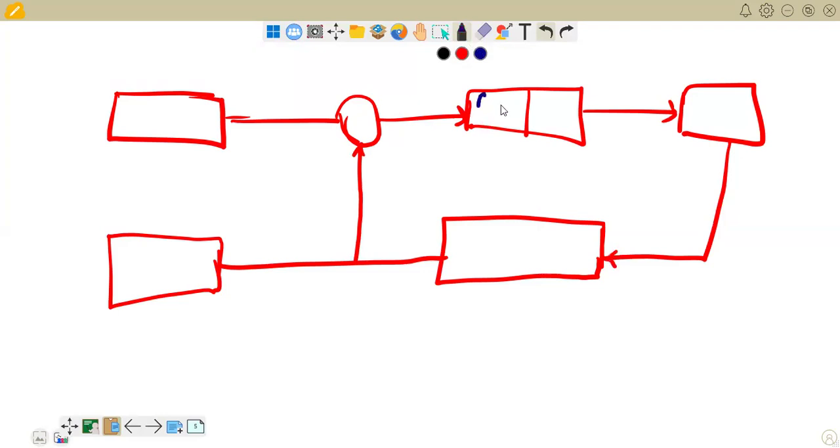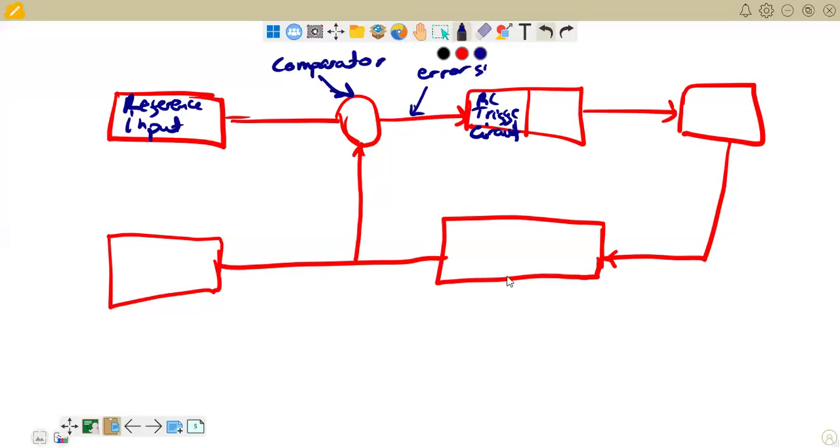This is the RC trigger circuit. This is the reference input. Then we have the comparator at this point, and then there is the error signal. Then we have the SCR, the silicon controlled rectifier.